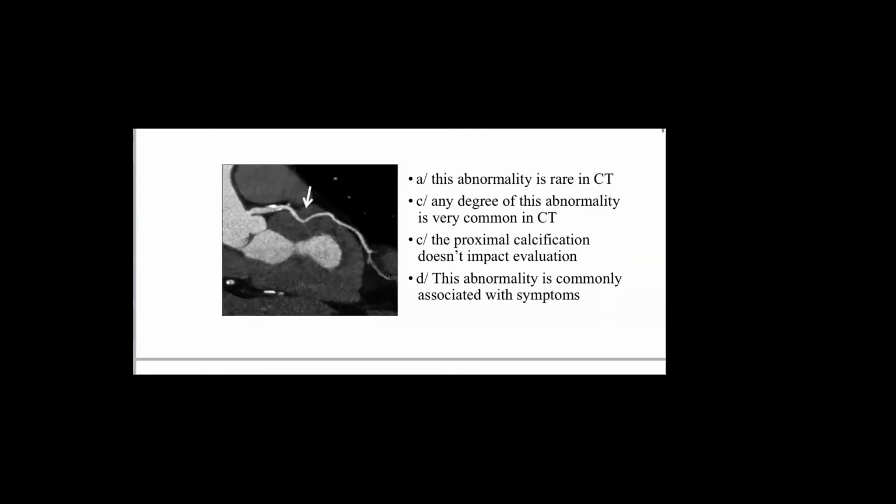So now, what do you think here? What do you see? What does the arrow point to? Bridging. Exactly. I want to ask you a question. How common is bridging by cardiac CT?